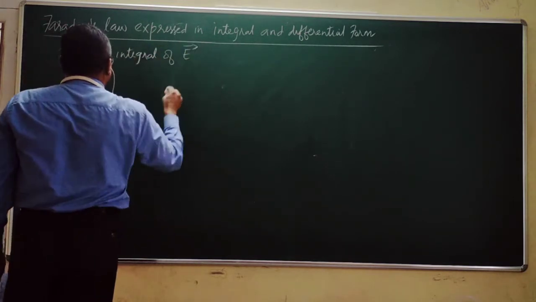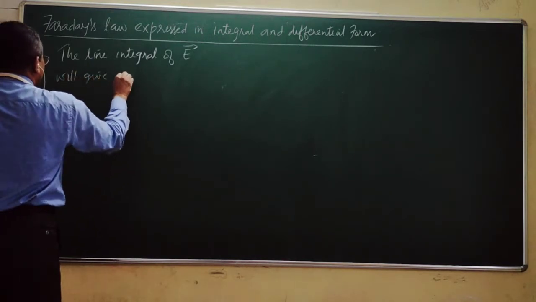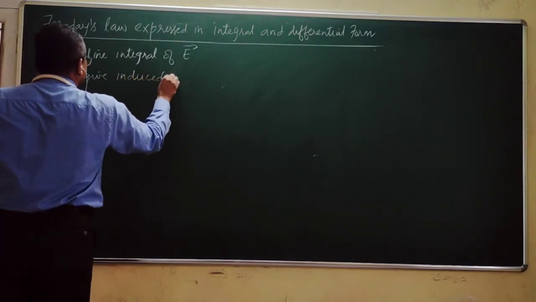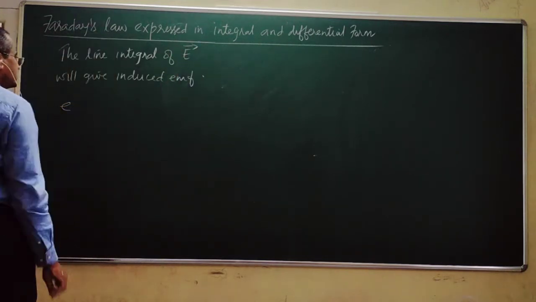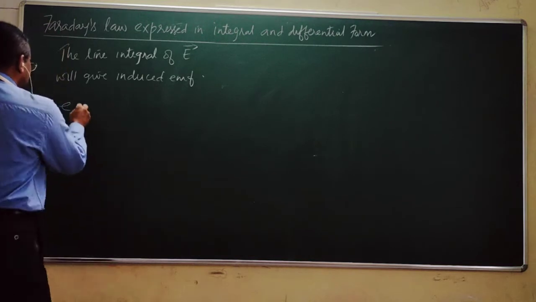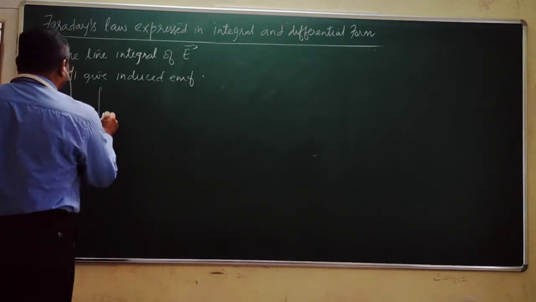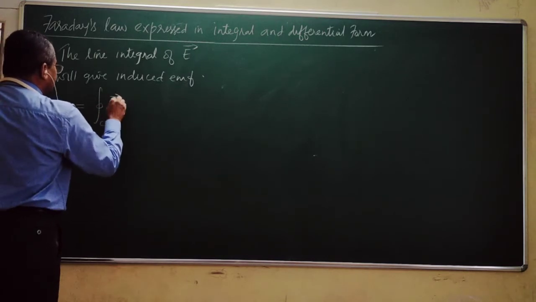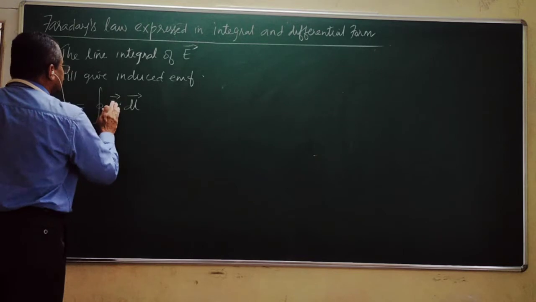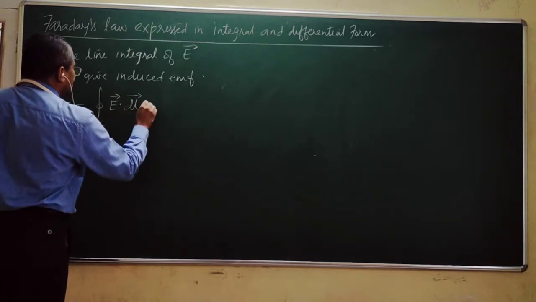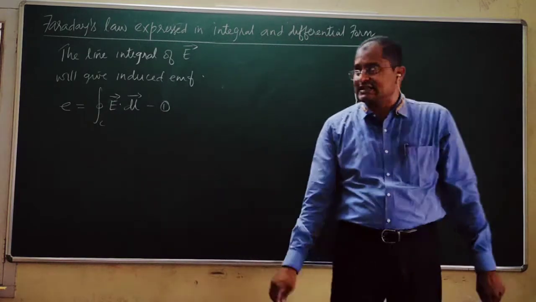I told you induced EMF is denoted by letter E. This is equal to line integral of E vector dot dl vector. Let me call this equation number 1.